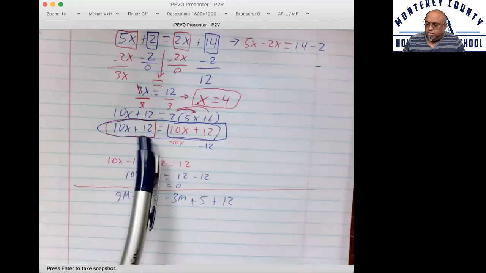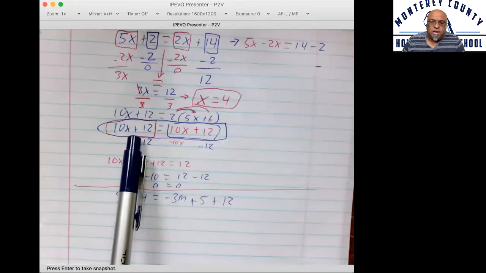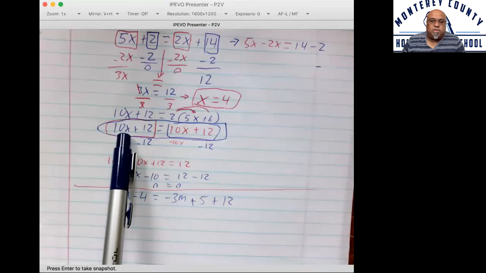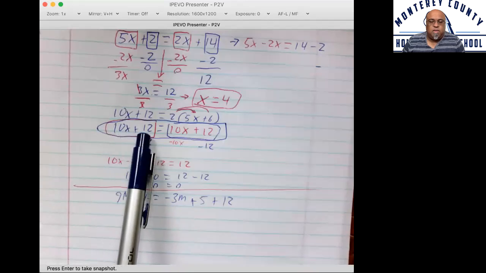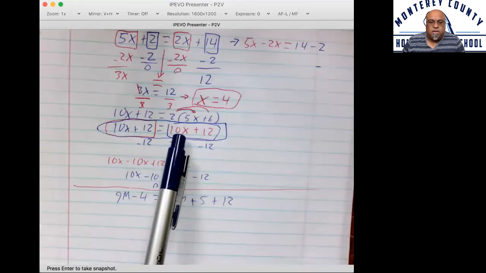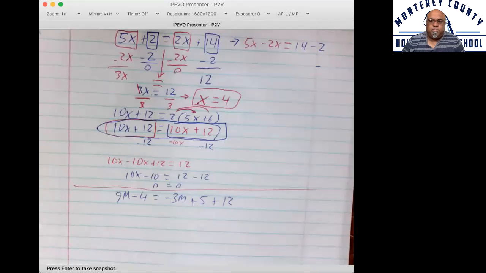Because the expression on the left, which basically just represents one number, just in pieces, 10 and x and 12, is the same as what's on the right, 10 and x and 12. So if all of your numbers, all of your symbols, and all of your variables are the same on both sides, then you can stop the problem, and it's an identity problem.